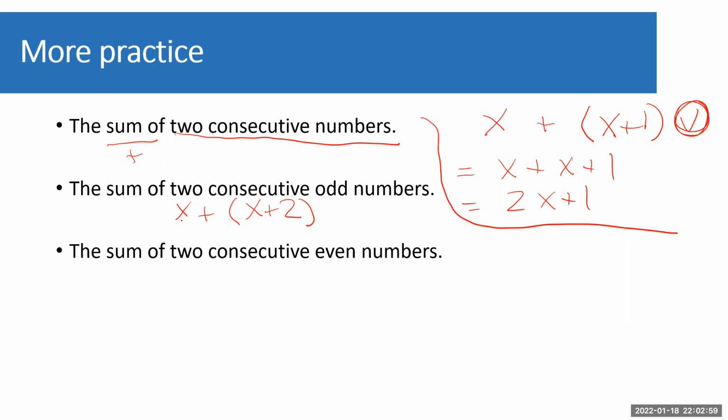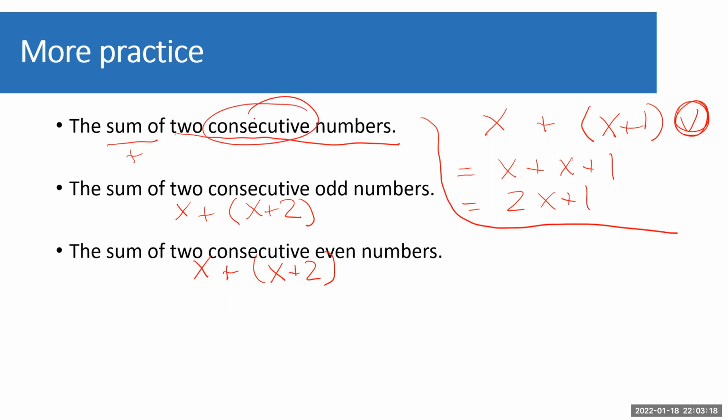Now the sum of two consecutive even numbers is exactly the same. 2, 4, 6, 8, 10, and so on. We're starting with one given even number, and we need to add the next even number, which is still going to be x plus 2. So notice the difference here.